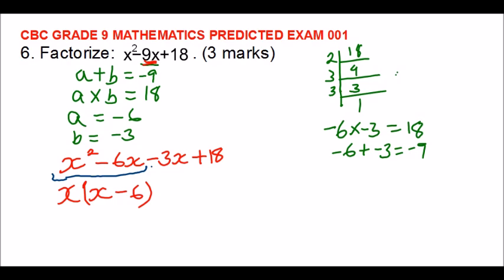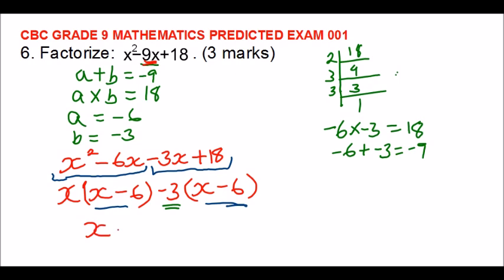Then we look at what is common in the other two terms, and we can factor out minus 3. We will be left with x minus 6. We have factored out minus 3 so that whatever remains inside the bracket is the same, so that now we can factor it out. x minus 6 is common in both.